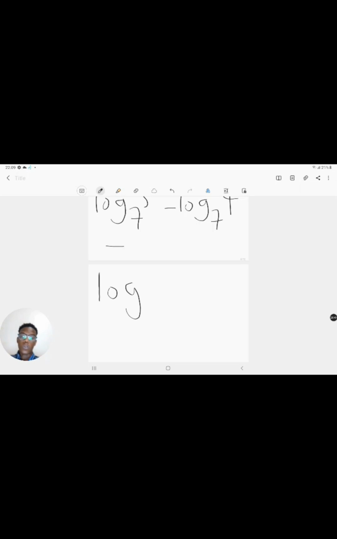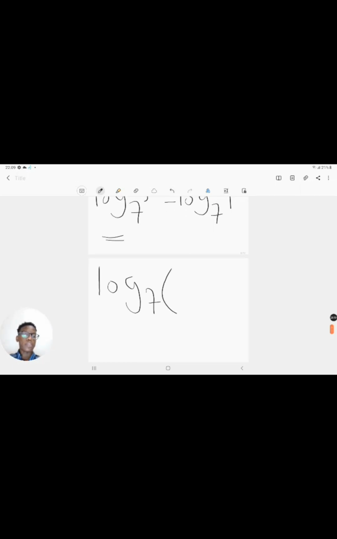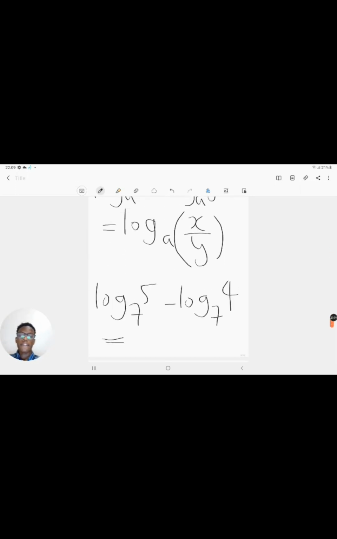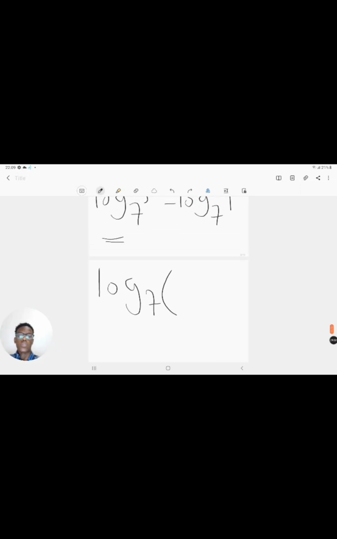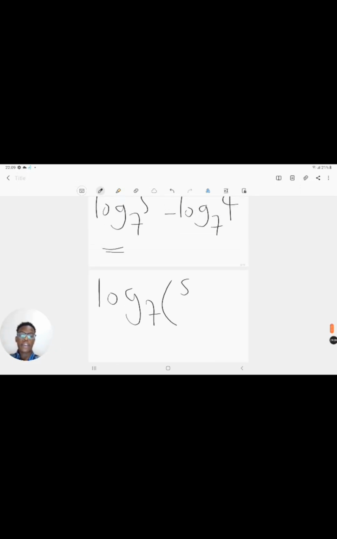If the bases are the same, you can use that same base, and then you just divide the two numbers. What are the two numbers? 5 is my x, 4 is my y. So you just divide the two numbers. So you've got 5 divided by 4. Okay, and that is your answer.